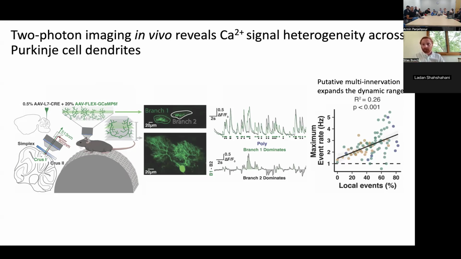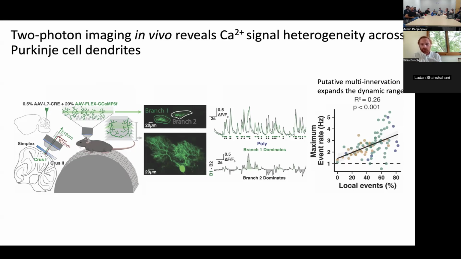So as they become less and less correlated, you're now getting multiple asynchronous 1 to 2 hertz signals. When looking at the maximum event rate in a trace, I could see that when you have more local events, you would also just get a higher maximum event frequency. And so that suggests that this phenomenon is additive, which we would expect if we are adding climbing fibers, essentially.